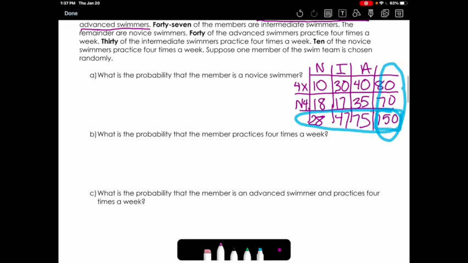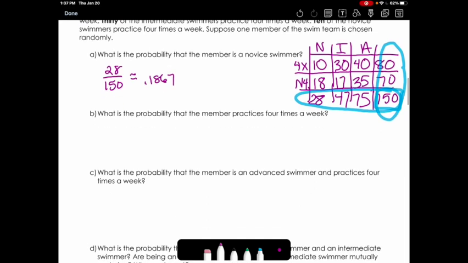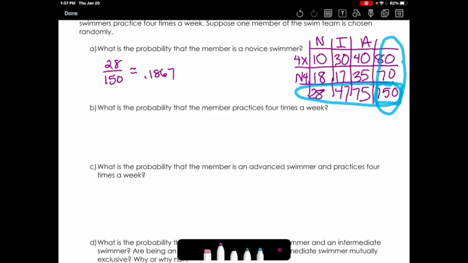So in part A, it says, what is the probability that a member is a novice swimmer? So out of all of these 150 people, there's 28 novice swimmers. So I would say 28 out of 150. And then we can approximate that as a decimal as 0.1867. Part B says, what is the probability that a member practices 4 times a week?